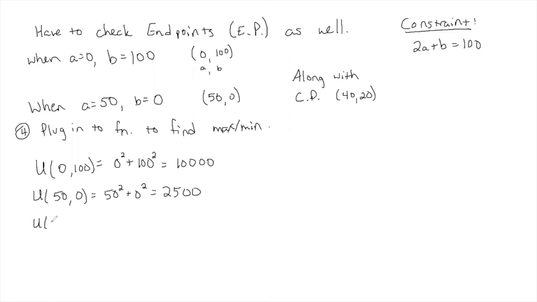And if I plug in (40, 20), what do I get? I get 40 squared plus 20 squared. This is 1,600. This is 400. I get 2,000. Okay, so I've found my absolute max and my absolute min.